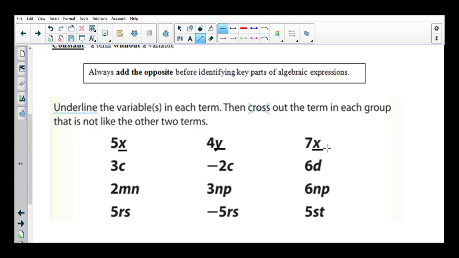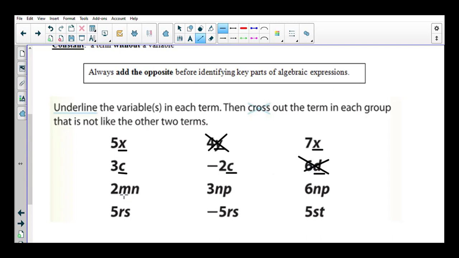The one that is different is 4y because it contains a y, whereas the other two contain x's. In our next row, we've got 3c, c is the variable, negative 2c, c is the variable, and 6d, where d is the variable. The one that's different is 6d because it has a d attached instead of a c.